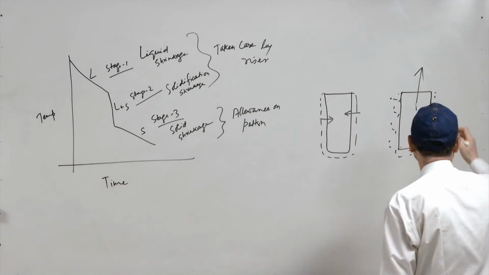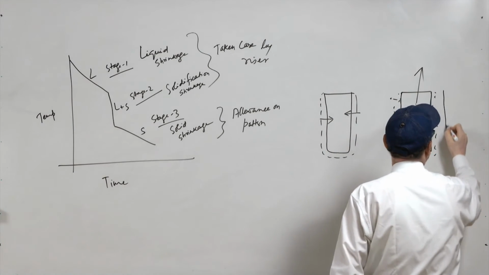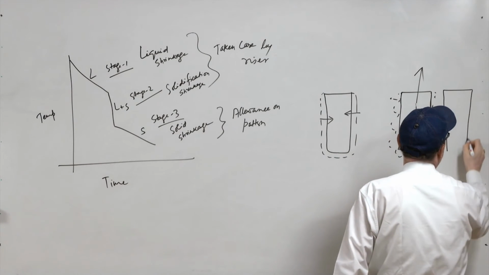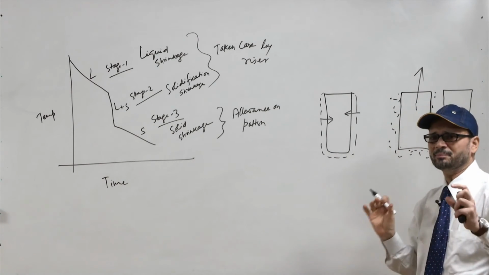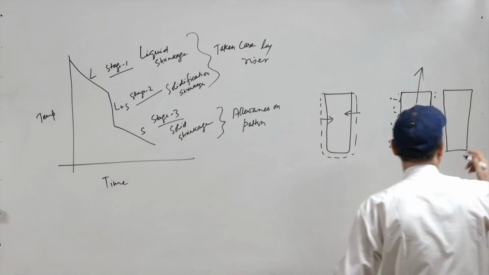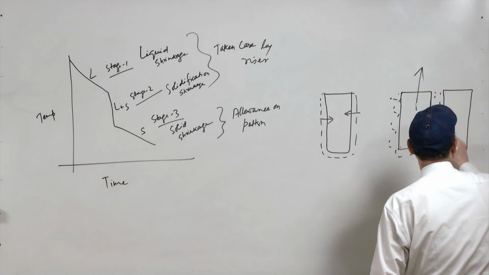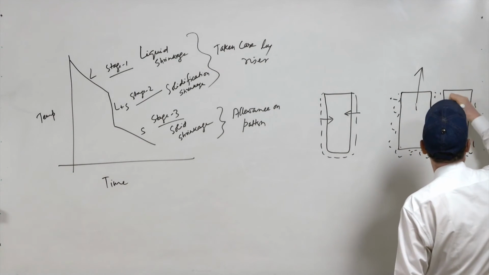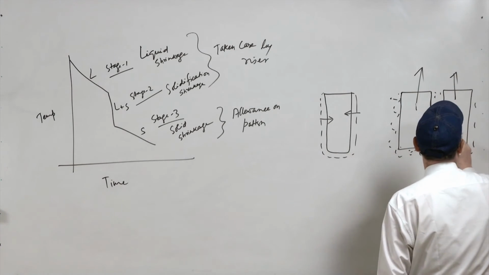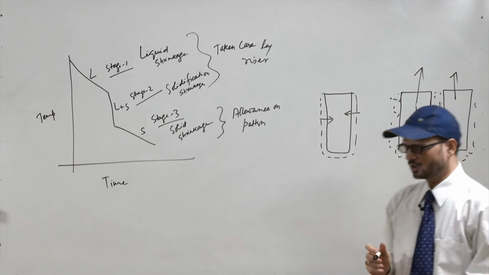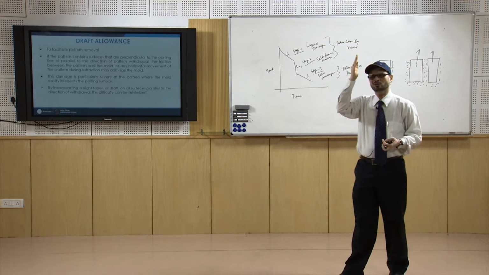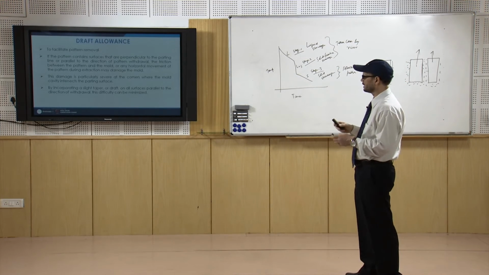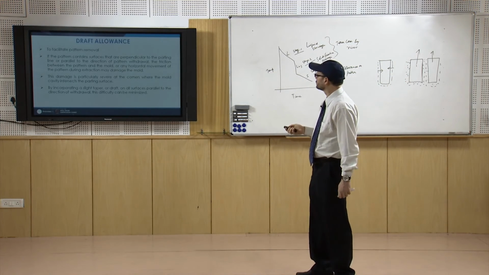So, you need to have some draft, some taper, which helps in taking them out. Once you take it out, there is no damage on these portions. So, this draft is given on the vertical portions, so that you can easily take them out.